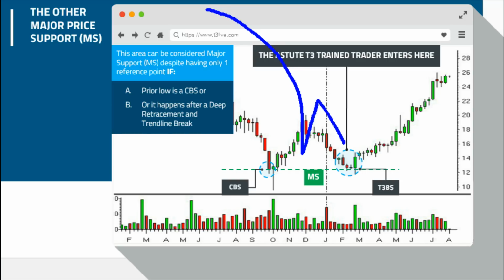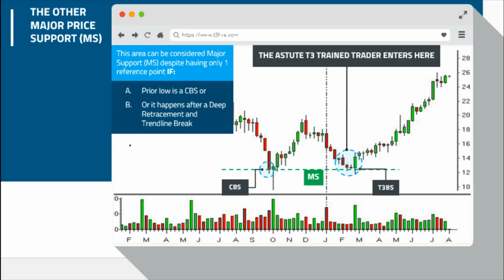If it retests that area, that often is enough, 1 reference point. Another time when 1 reference point is enough is when that prior rally was so huge that it really jumps out at you when you look at it. It's so big that it broke the trend line all in one fell swoop. Then for the retest you only need one reference point.